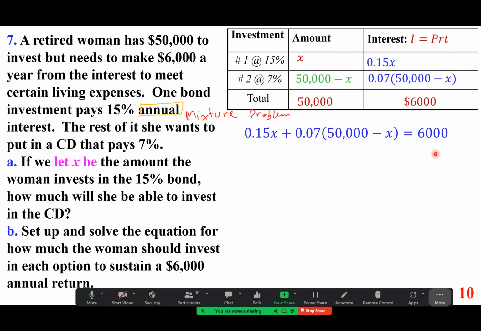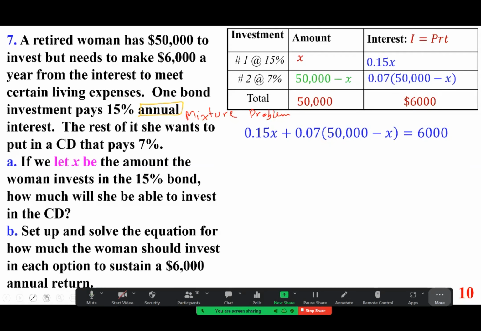And now, how do we solve it? Very simple. You can distribute this, or you can multiply both sides by 100. If you multiply by 100, this becomes 15, this becomes 7, and this you add 2 zeros. And then you distribute. It is up to you, it makes no difference. But if you want to distribute just the way it is, what is the product of these two? I hope you see that 7 and 5, their product is 35.